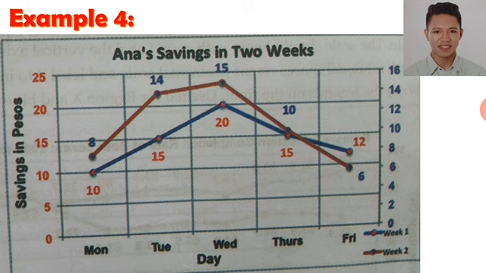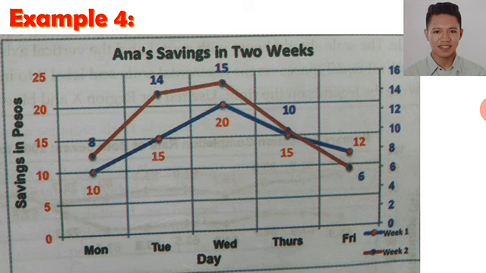Next, how much more did Anna save in week 2 than in week 1? For you to answer that question, you have to add what she saved on the first week and the second week, then subtract.